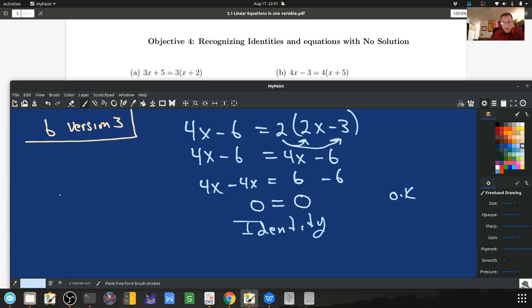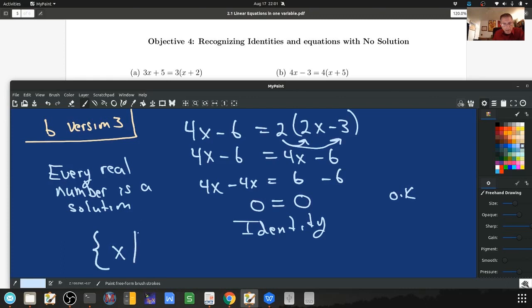That means every real number is a solution. So any real number you plug in for x is going to work. And that is denoted in set form as x, this little bar right here is read such that, x is a real number.